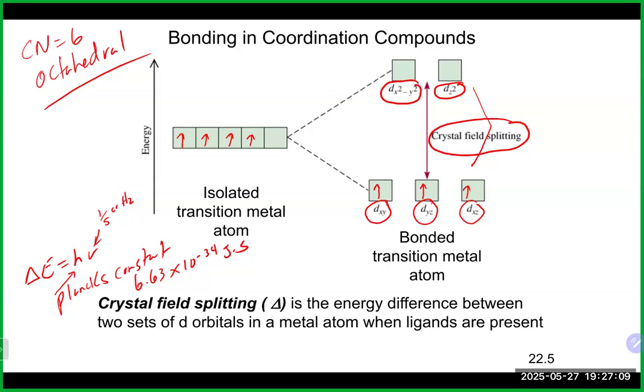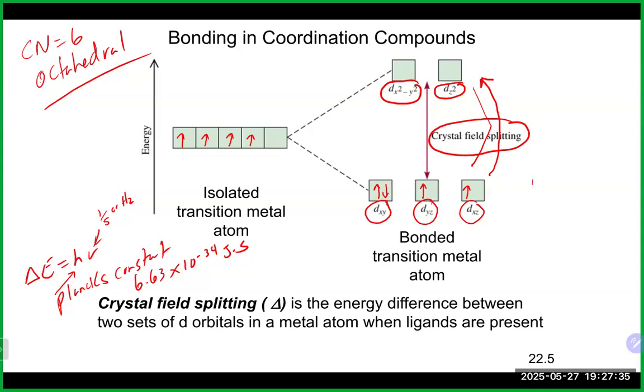And now with the 4th electron, it has to make a decision. And the decision is this: is the difference in energy between the lower energy level and the higher energy level d orbitals too big? If it's a really big splitting, what will actually happen is the electrons will go, no, thank you, I'm just going to go down here first. And it'll actually pair up down at the bottom.